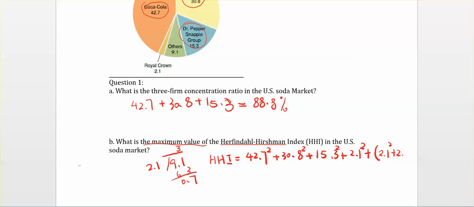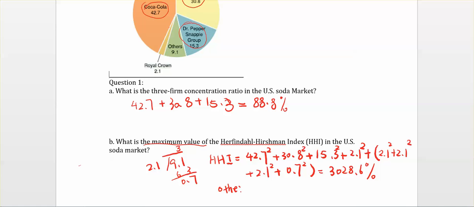So we will have 3 smaller firms plus 1 smaller firm, which takes up a market share of 0.7%. Then you use your calculator and you can calculate the final answer, and it is equal to 3,028.6%.